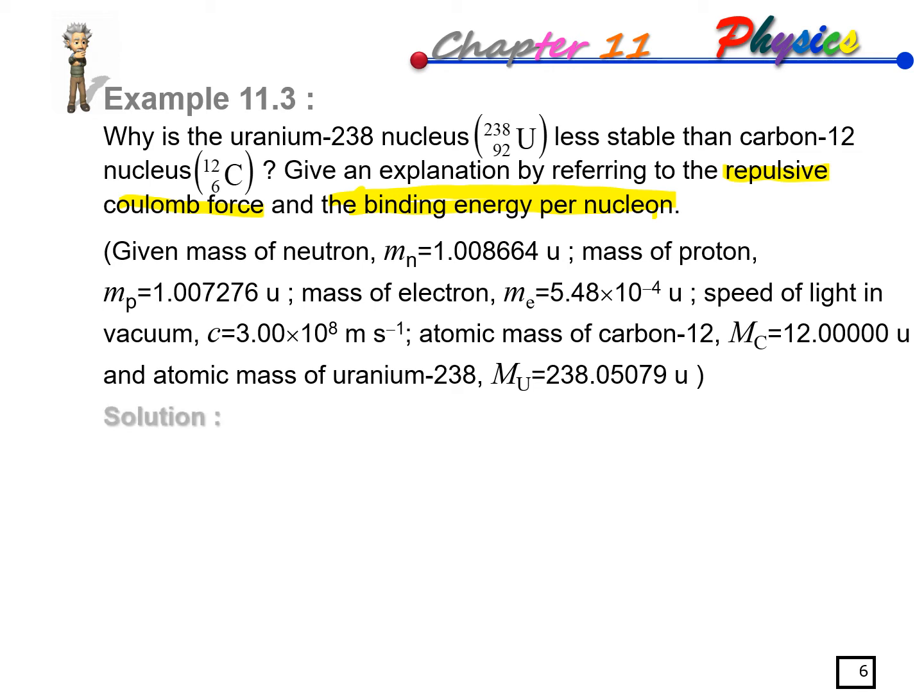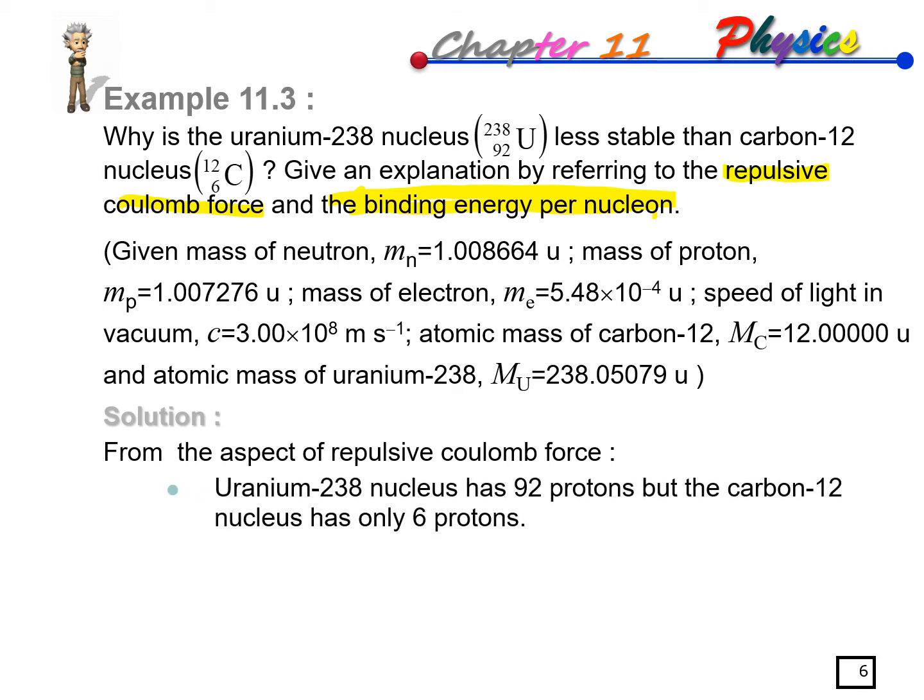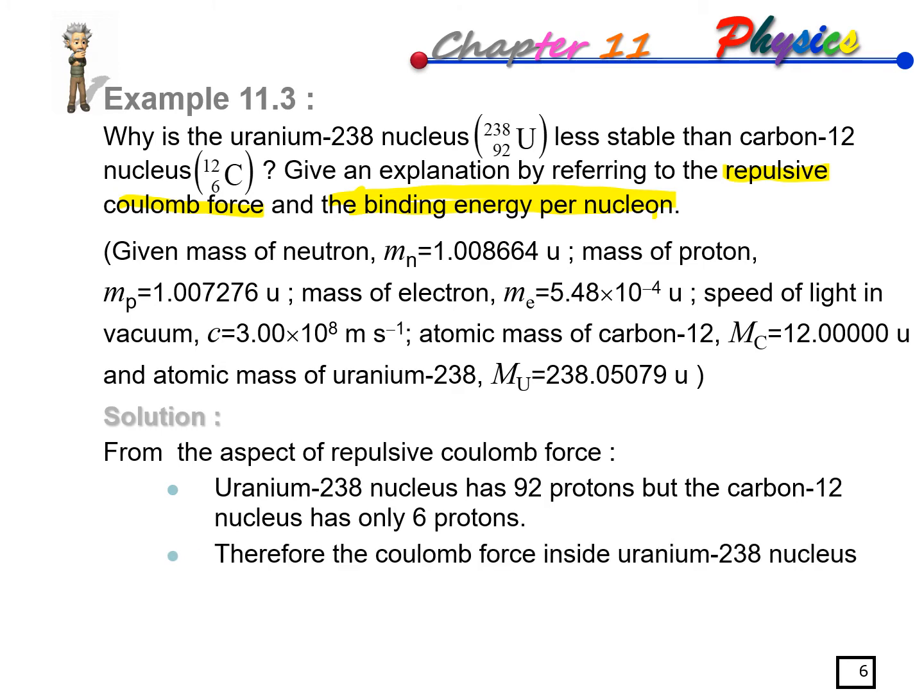So for the solution, first we look into the repulsive Coulomb force. For uranium-238, we have 92 protons, whereas for carbon we only have 6 protons.